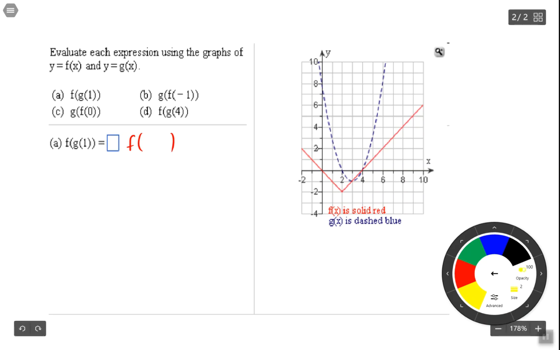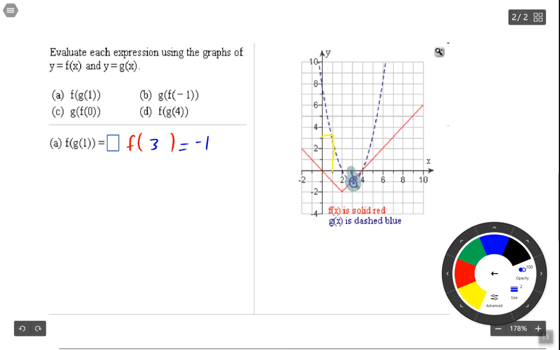So G is 3. So we're going to put in a 3. Now, you're going to go to the F graph, which is the red one. Go to 3. What is its value? Right there, right? Is it -1? That wasn't bad, was it? That wasn't that hard. Can y'all do that?